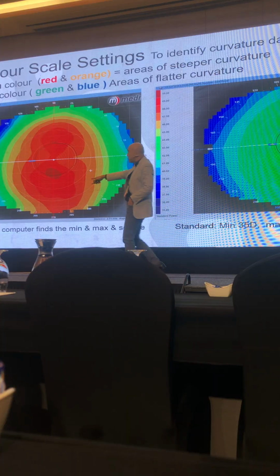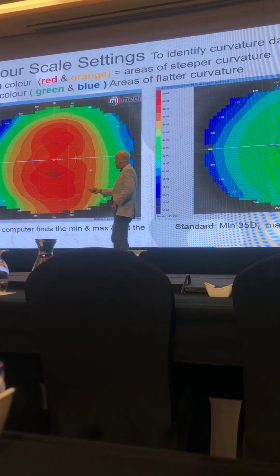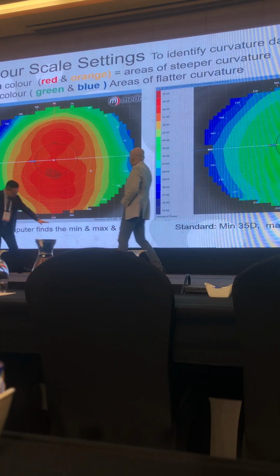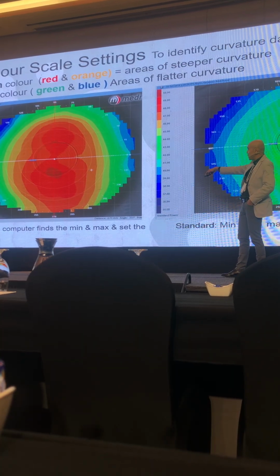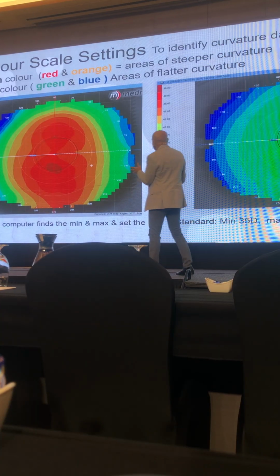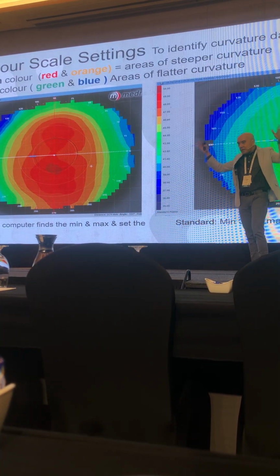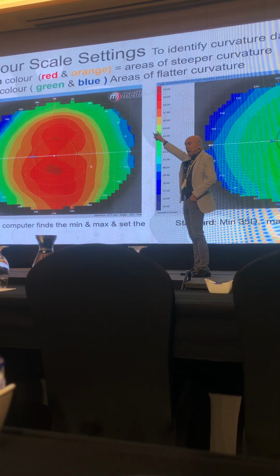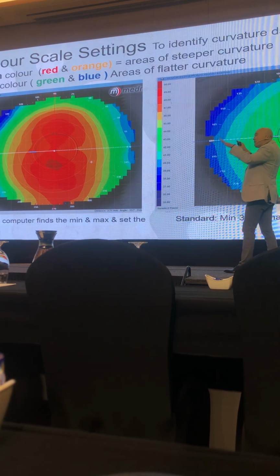Well, normalized means that the computer will find the minimum and the maximum, and set the color range. So, the warm colors represent areas of steeper curvature. In contrast, green and blue are cold colors, meaning areas of flatter curvature.